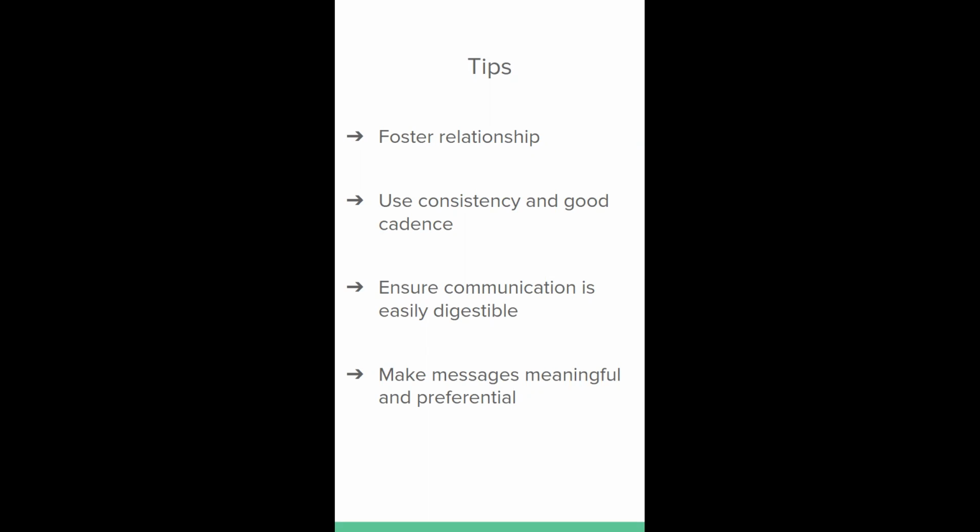Your consistency is in how your message is delivered and potentially the format for that message. Then ensure that your communication is accessible and easily digestible. It shouldn't be too long. It should be chunked according to topic. And also make your messages always meaningful and preferential, so make sure that it's in an order of importance.